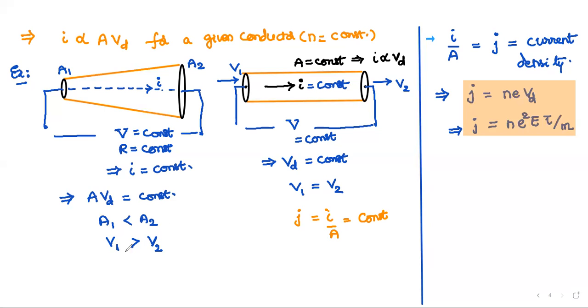But if you see here, J equals I by A, I is constant, A is not constant. Here J is inversely proportional to area of cross section. A1 is less than A2, or V1 is greater than V2. J is directly proportional to velocity, and here you can say J1 is greater than J2, the current densities.